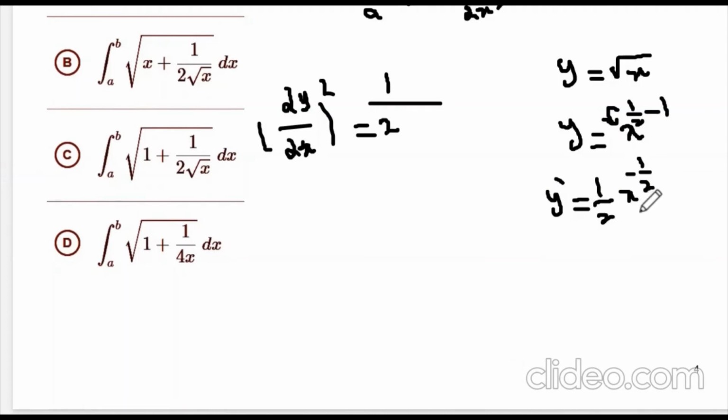Because we have a negative here, the square root will be down. So square root of x. But why did I put the square root down? Because here we have a negative, so it has to be down.